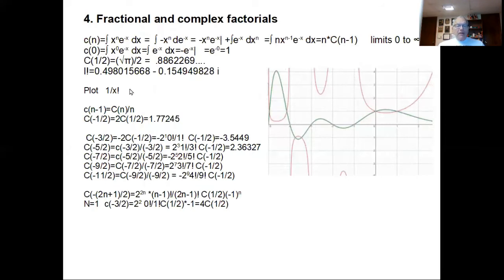Now, there's another way of defining factorials, and what happens if the numbers are decimal numbers or complex numbers? Well, Gauss had figured out a formula such that if we integrated from 0 to infinity, x to the nth power, e to the minus x dx, and we integrated that by parts, that would be equal to n times the function of n minus 1.